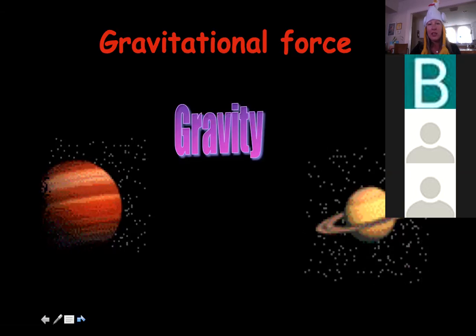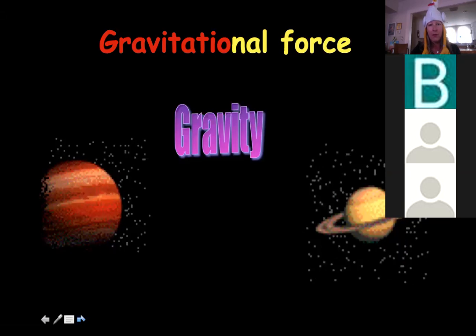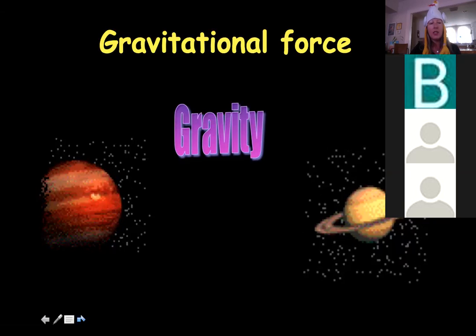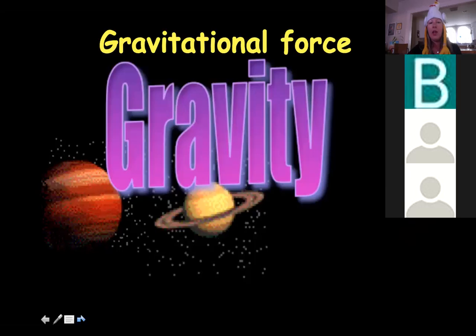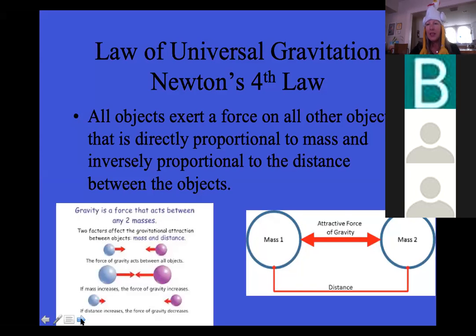So let's talk a little bit about the gravitational force here. We have learned in the past when we were talking about space that gravity does exist in space and that it's dependent on two things: the mass of the objects and also the distance between them.